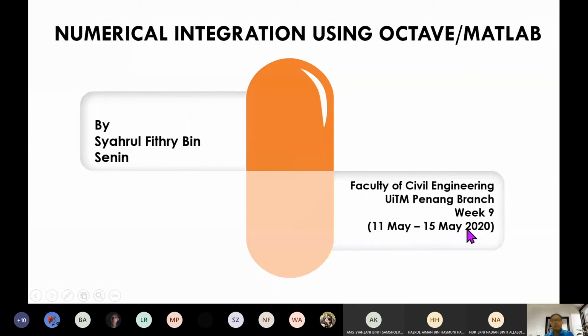Okay. So in this week, we will study numerical integration by using Octave or MATLAB. I think most of you know about integration. Integration is symbolized by this symbol.